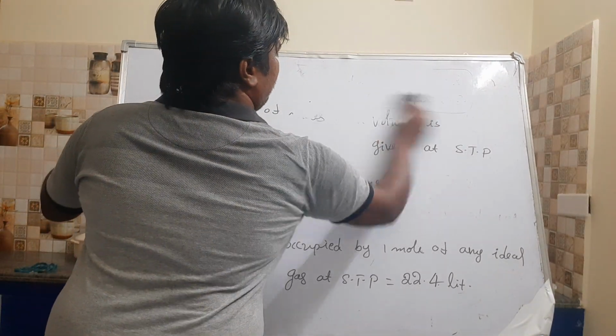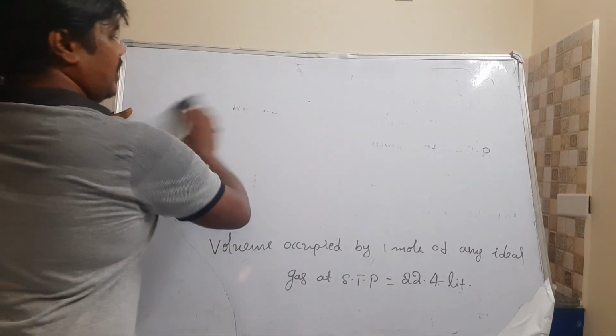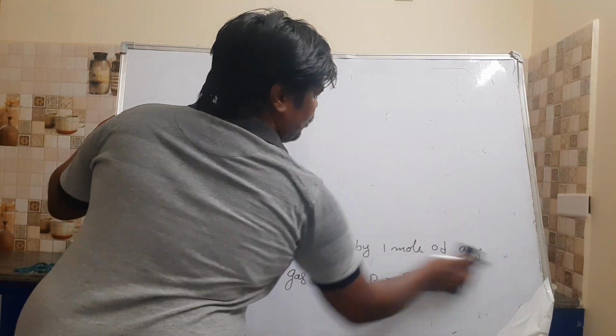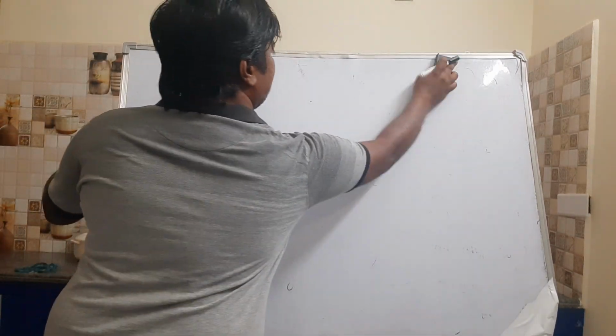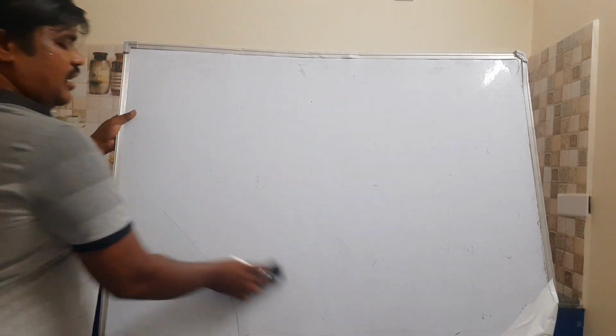Another important formula is there to find moles, when the number of entities are given: number of atoms, number of ions, number of molecules.